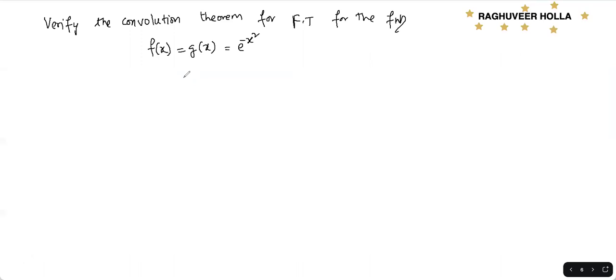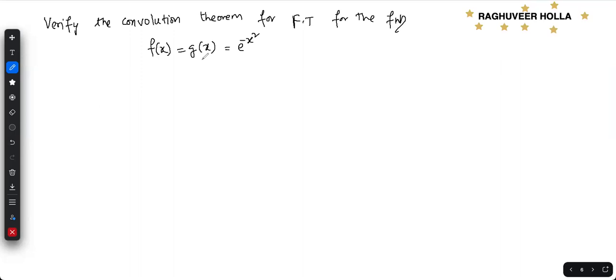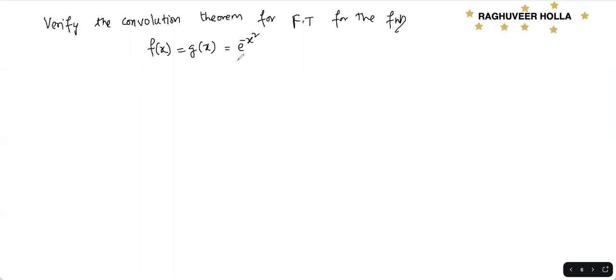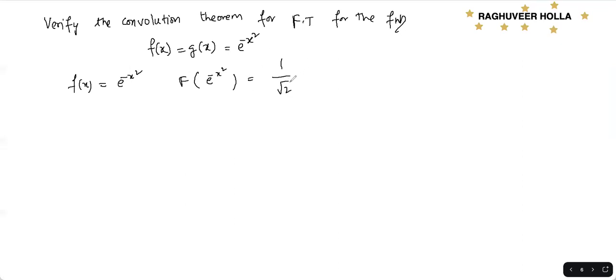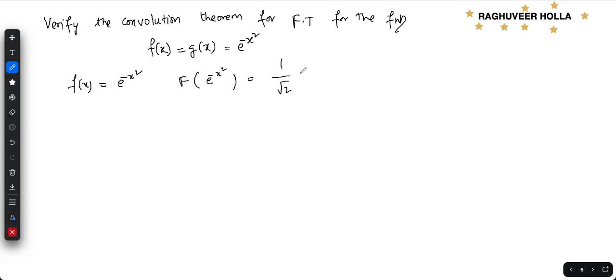Now let us verify the convolution theorem for the Fourier transform for the functions f of x and g of x, which are equal to e to the power of minus x square. So f of x is e to the power of minus x square, and the Fourier transform of this is 1 by root 2 e to the power of minus alpha square by 4.